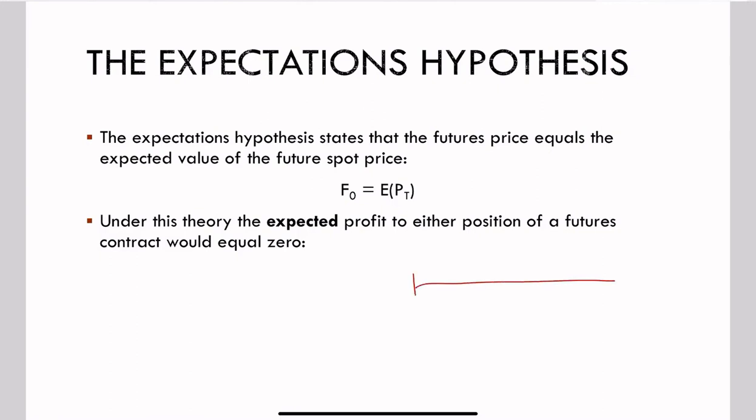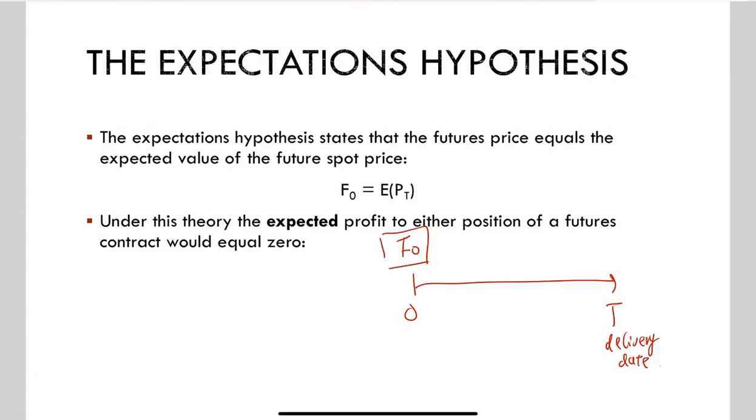So basically, let's say you have a futures contract, and its delivery date is at time T. This futures has a futures price of F0.